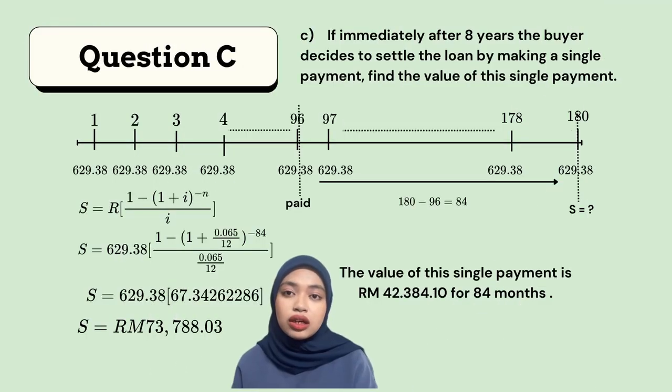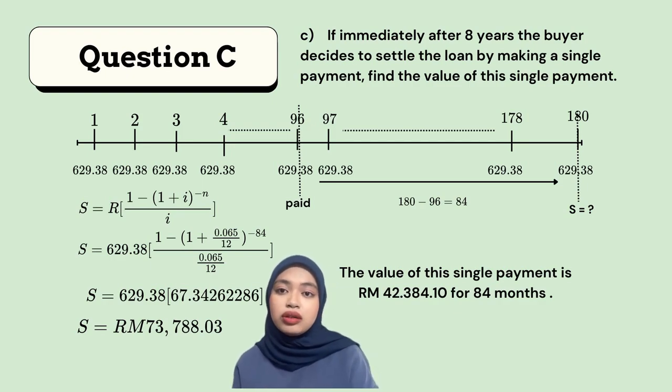For part C, we need to find the single settlement after 8 years. We calculate the outstanding balance, which represents the present value of the remaining installments at the given interest rate.